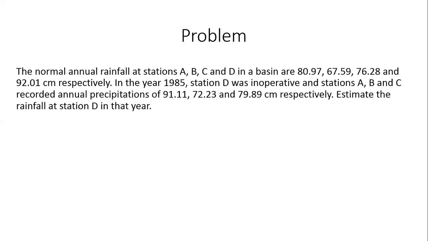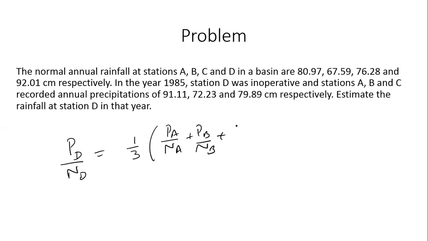Now, when you look at the numbers, you can see they are not all within 10% of each other. 80.97 and 67.57 are not within 10%. 76.28 and 92 are not within 10%. So we can simplify this very easily: PD by ND equals 1 by 3 times PA by NA plus PB by NB plus PC by NC.